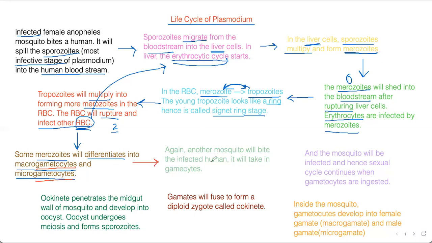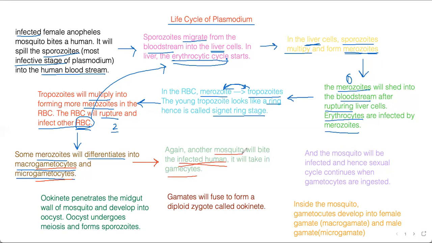And again, another mosquito will bite the infected human being. The human that has this whole cycle is infected. So another mosquito will bite the infected human being and will take in gametocytes.